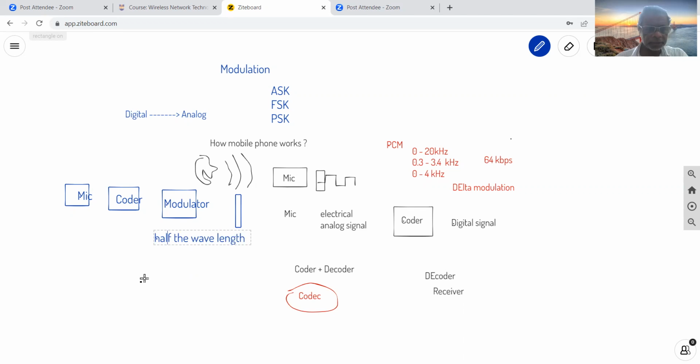So we know the equation V equals f lambda. Speed is equal to frequency into wavelength.